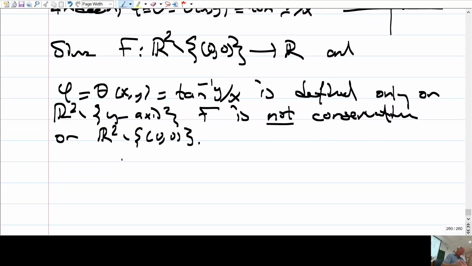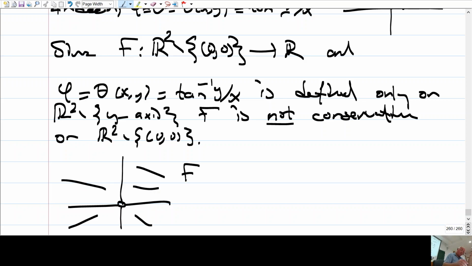My f is defined everywhere except the origin. But my function phi is defined only here.